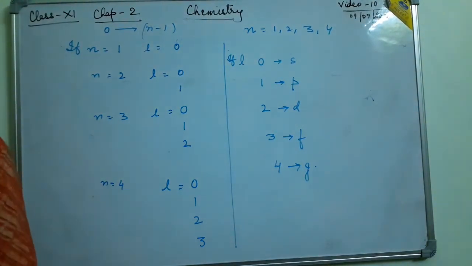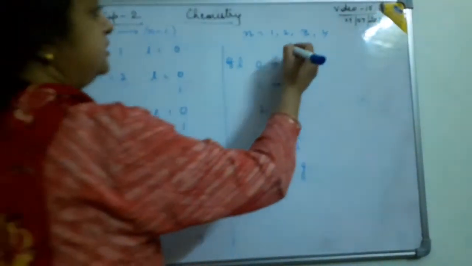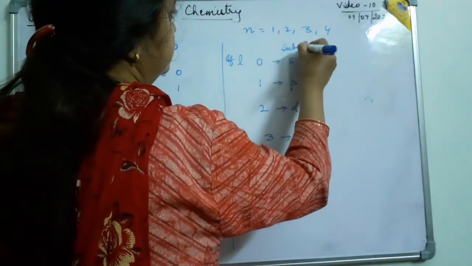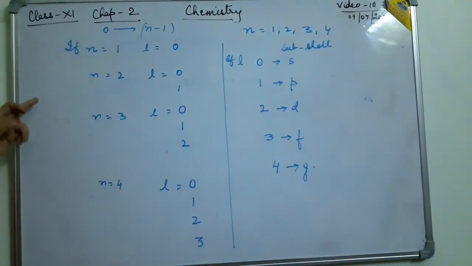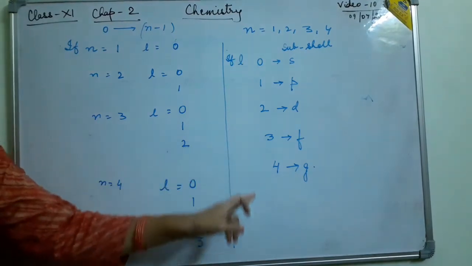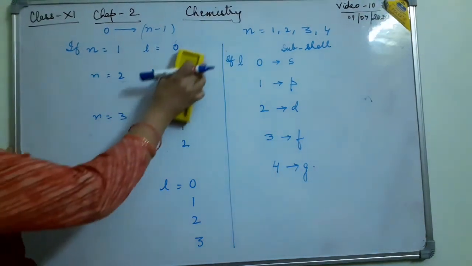So this gives the information about the subshells. This azimuthal quantum number tells us about the subshells. It determines the maximum number of orbitals present in a subshell.